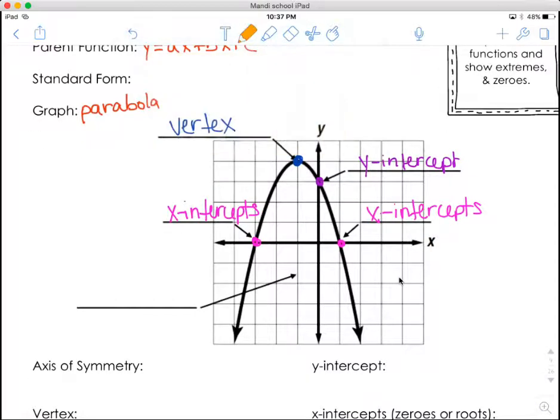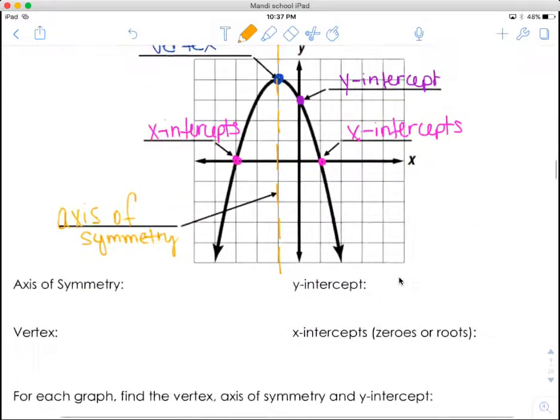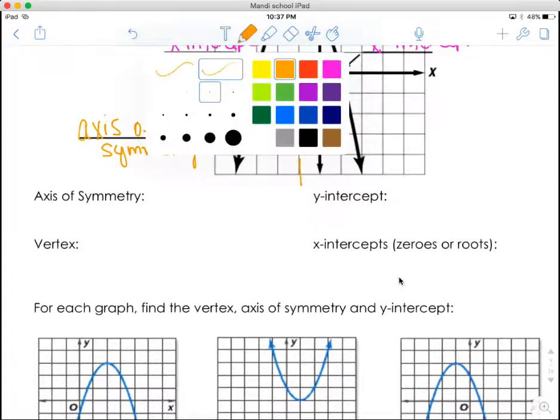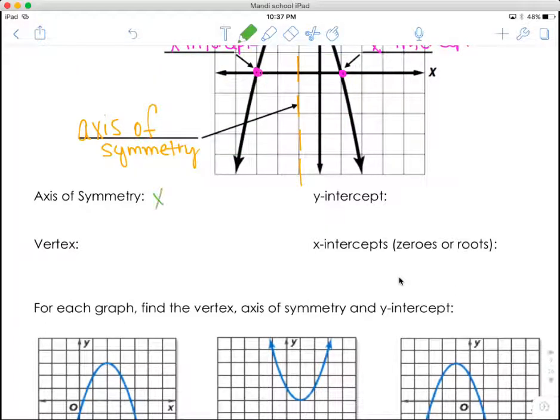Then there is this line that runs through the vertex down the middle of this graph, the exact center. This is called the axis of symmetry, because if you folded the graph in half on that line, you would have equal parts on both sides. The axis of symmetry can be found using the equation x equals negative b over 2a.